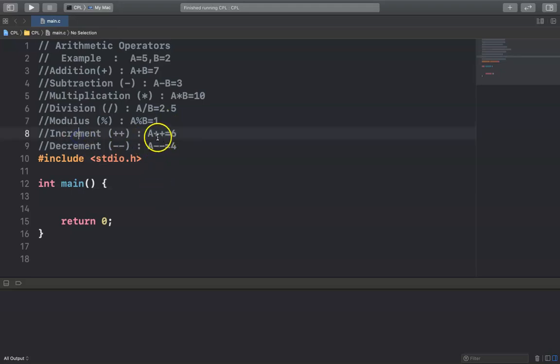Increment: A plus plus. It means A equal to A plus 1.